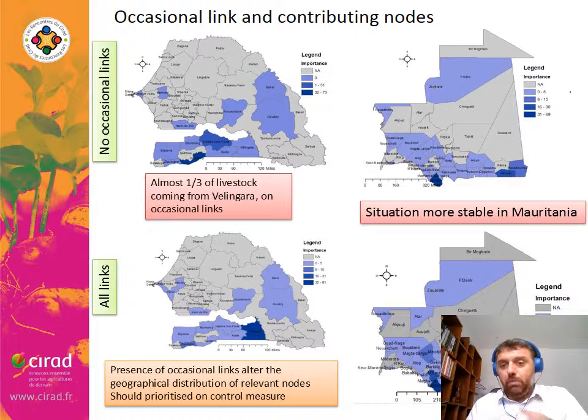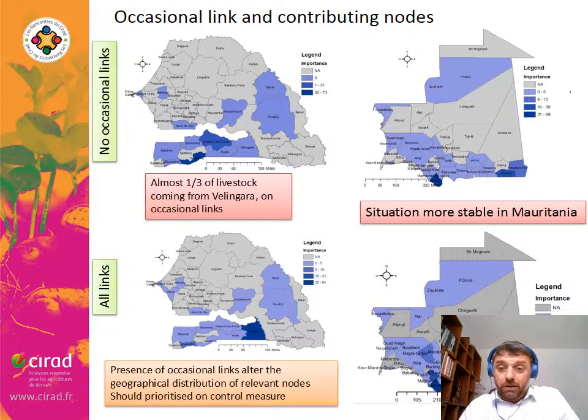We estimate R naught, and we repeat the same procedure. Now, what we found is that in the case of Senegal, Vélingara becomes an important point. This means that almost 1/3 of the animals are traded through occasional links passing through Vélingara.